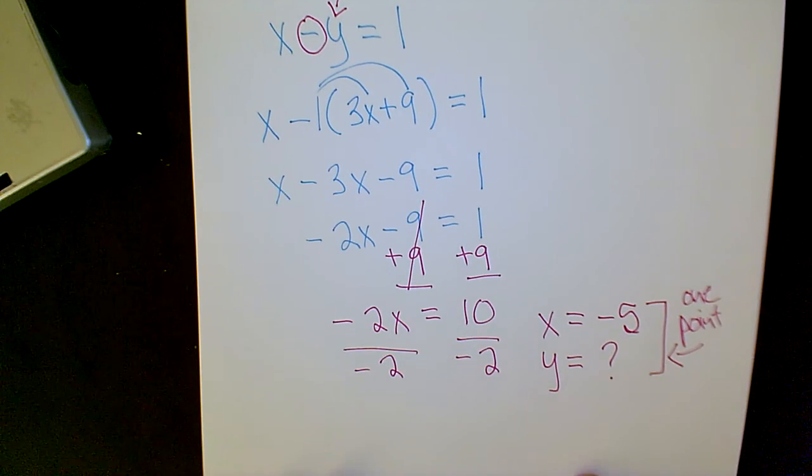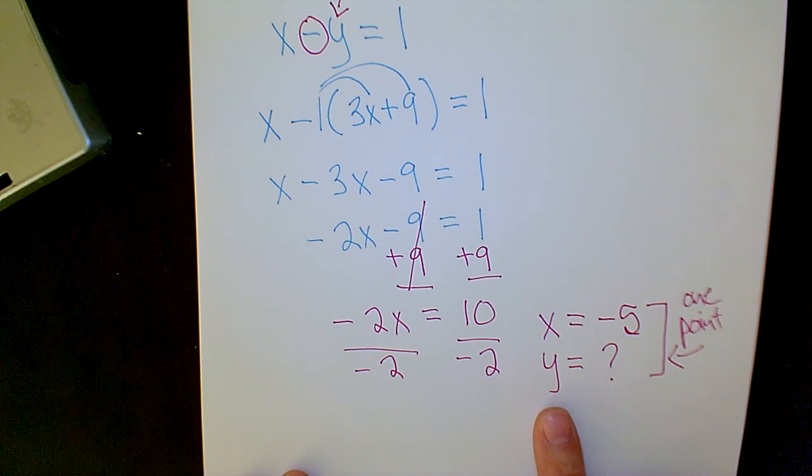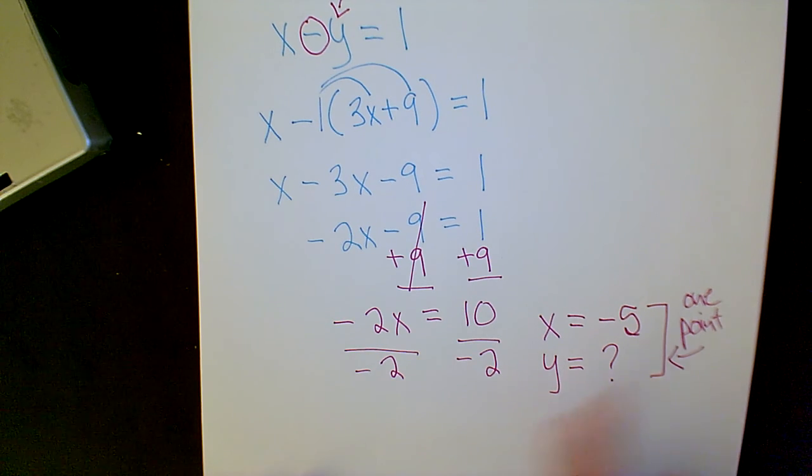So some people forget to find the y part. They just give me the x. So make sure you give me the x and the y, and written as a point in parentheses. So we can take the x and plug it in.